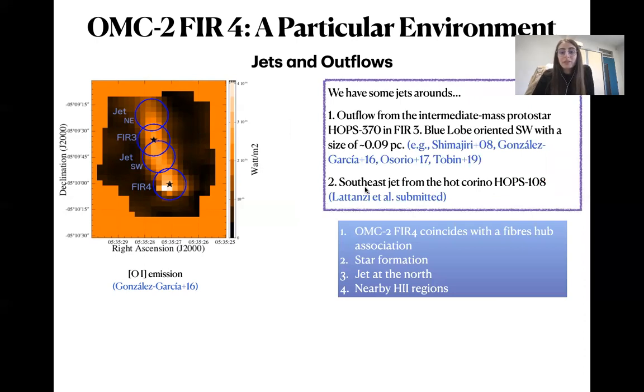To summarize, OMC2 FIR4 coincides with a fiber hub association, where we think we should observe intra-hub filaments. It's a protocluster in which star formation is going on, and there is an outflow or a jet from its north that could be, or not be, impacting it. It's also located near high mass stars that have HII regions and shells.